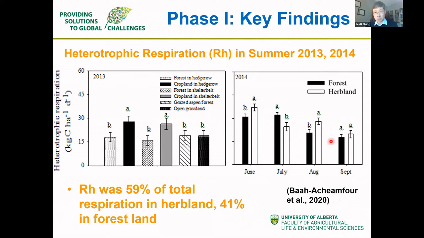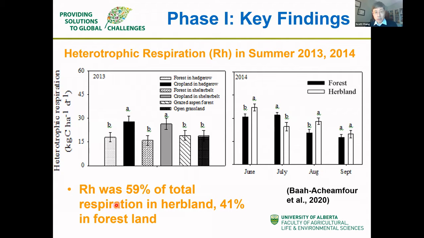Again, there are differences across the sampling time in 2014, and there were interactions between the agroforestry system and the land use, but on average, as a general trend, the microbial respiration rate was higher in the herbland than in the forest area.